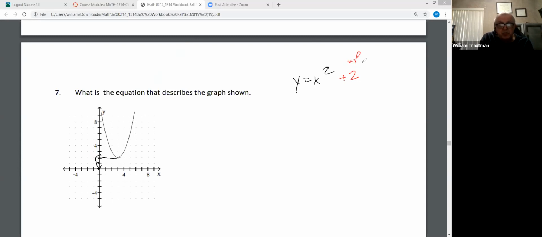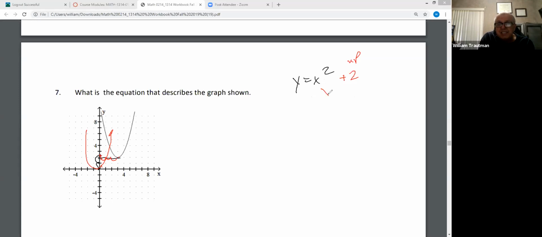Then which way did it move? 1, 2, 3. It moved to the right 3 spots. The vertex is normally right here. It moved up 2 and then to the right 3.